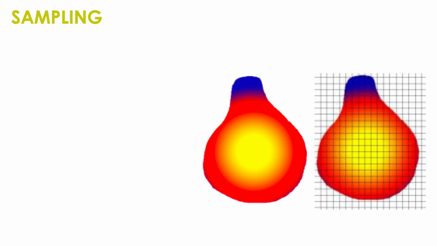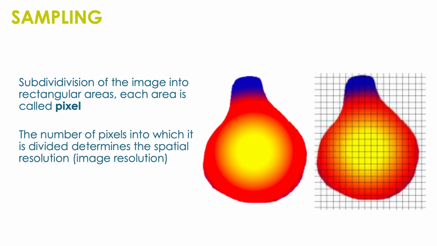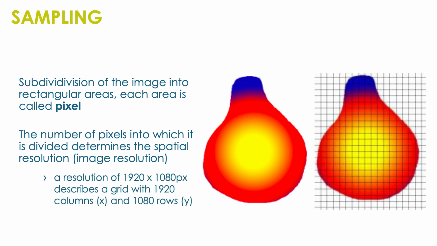So let's talk about sampling now. Sampling divides the image into rectangular areas called pixels, and the number of pixels determines the spatial resolution. For example, a resolution of 1920 multiplied by 1080 means 1920 columns and 1080 rows.